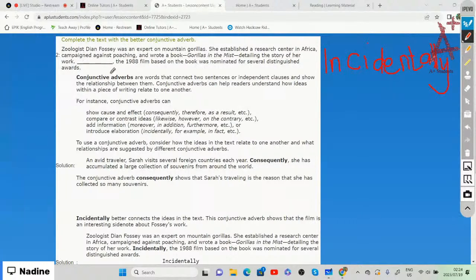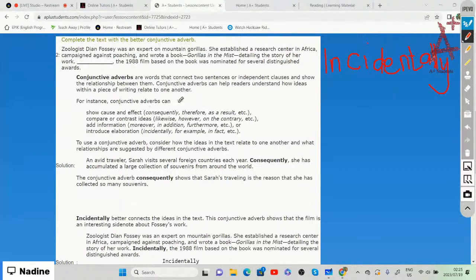So her elaborating more explains the great work that she's doing, because the 1988 film based on the book was then nominated for several distinguished awards, which gives us an idea that she is doing an excellent job, or excellent campaigning against poaching.